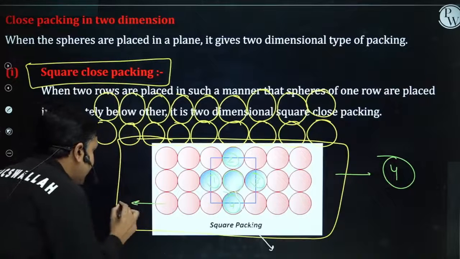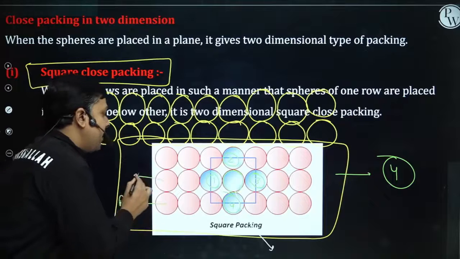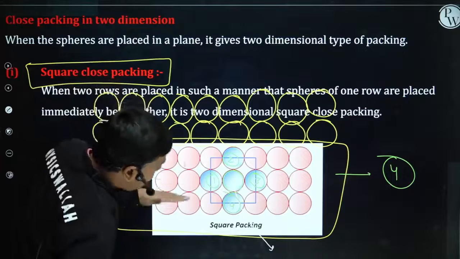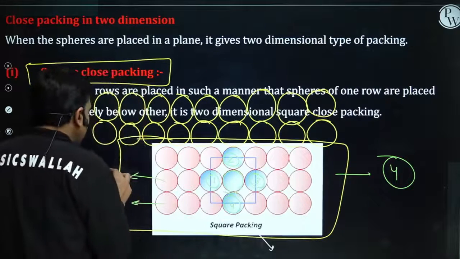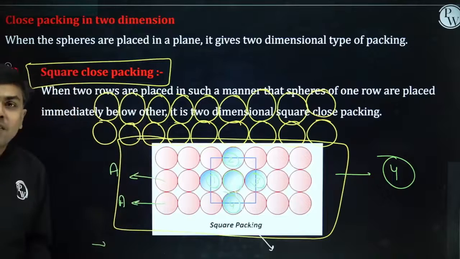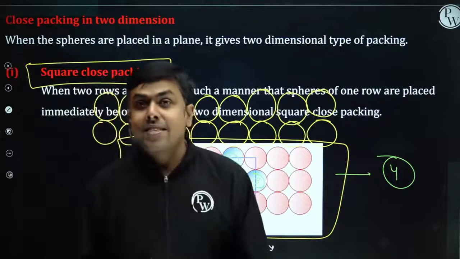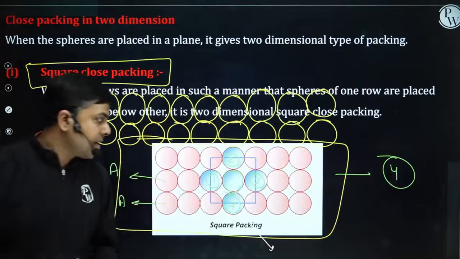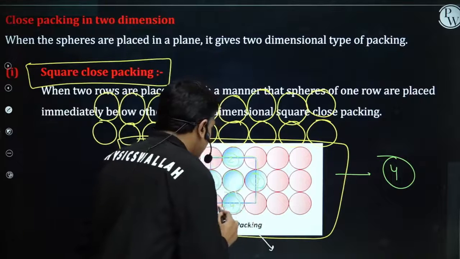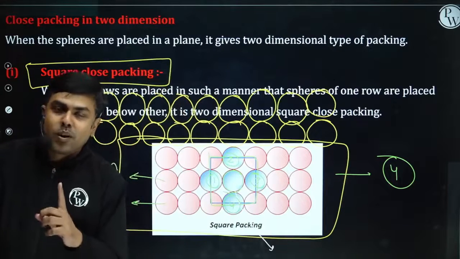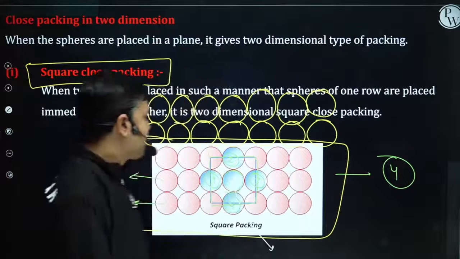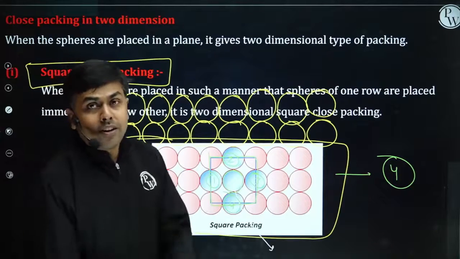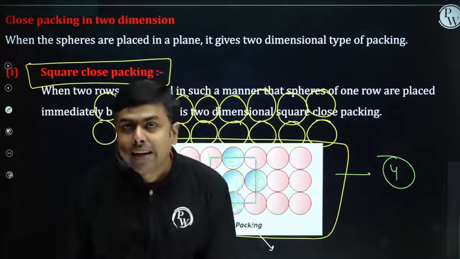Suppose this layer is A, the second layer is also the same as the first layer, since second layer spheres are exactly placed over the first layer spheres. So this layer will also be named A only. So in 2 dimensions, one of the packings is AA packing. We call it square close packing. The unit cell which we get from here is a square. Am I clear, students? The coordination number of atoms in such type of packing is 4.